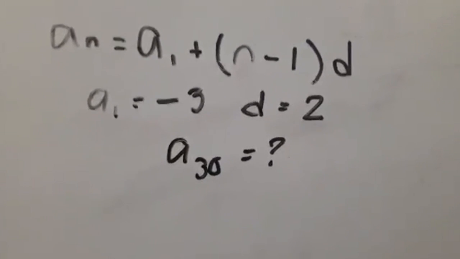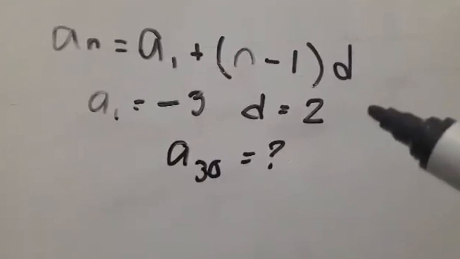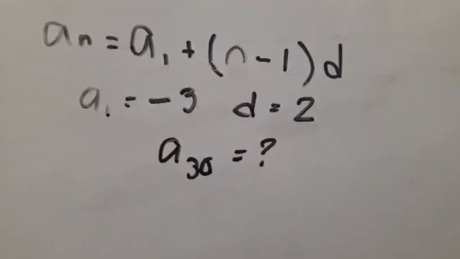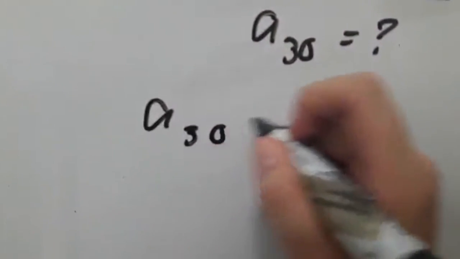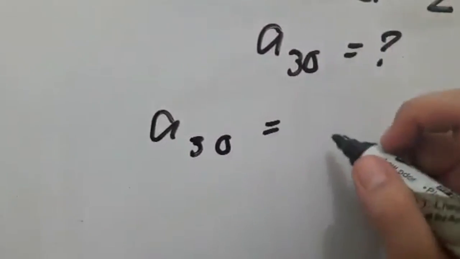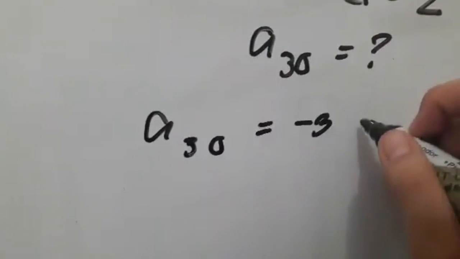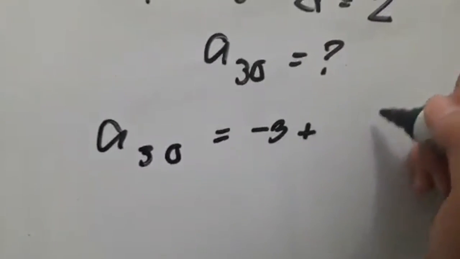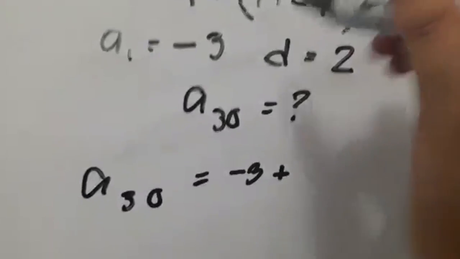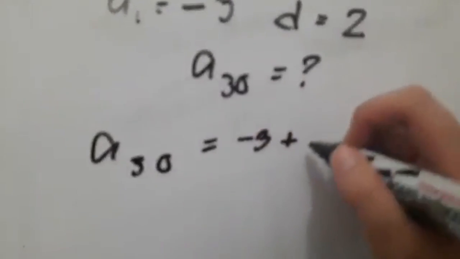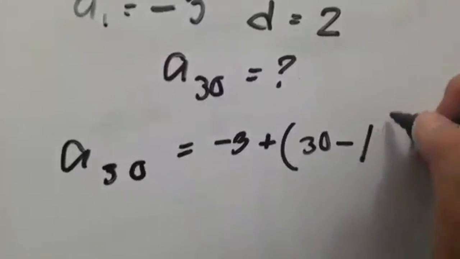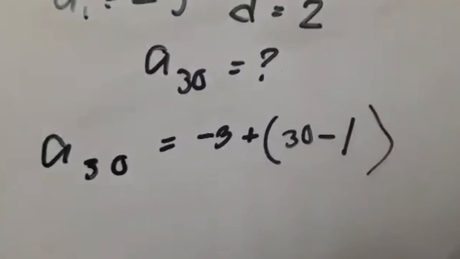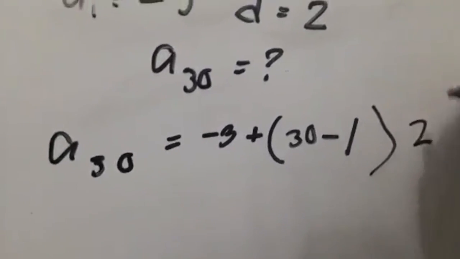We were given a1 and d. So when you substitute, it will be a30 equals a1, which is -3, plus n, which is 30, minus 1, multiplied by d, and our d here is 2.